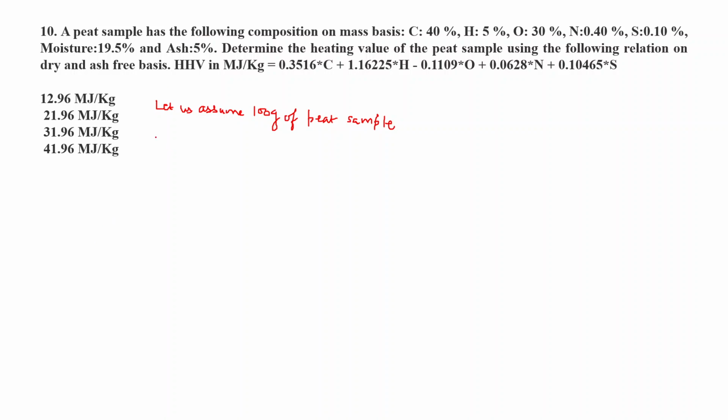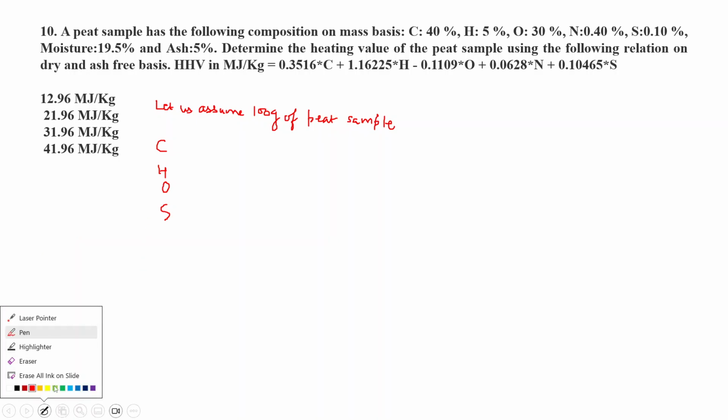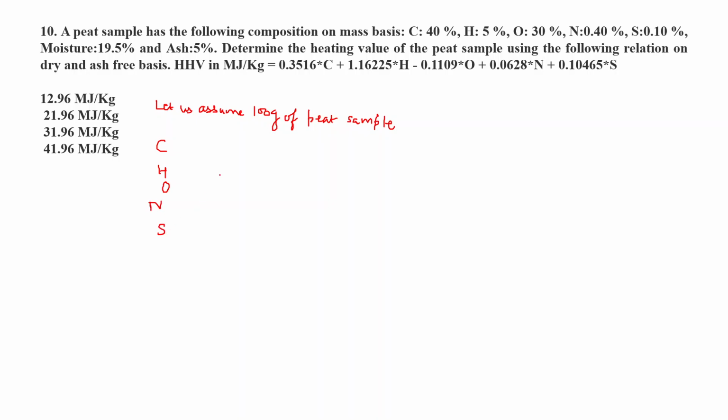So let us see here: carbon, hydrogen, oxygen, nitrogen, sulfur. It is 40 gram carbon, 5, 30, 0.40, 0.1.